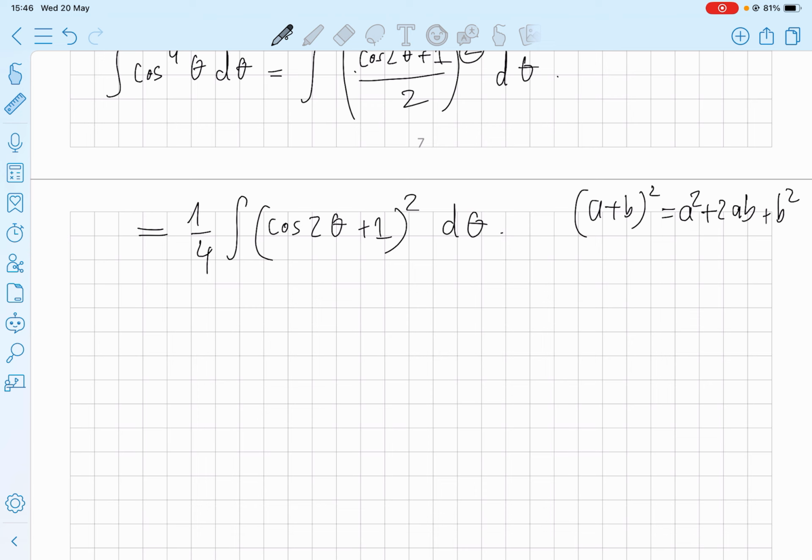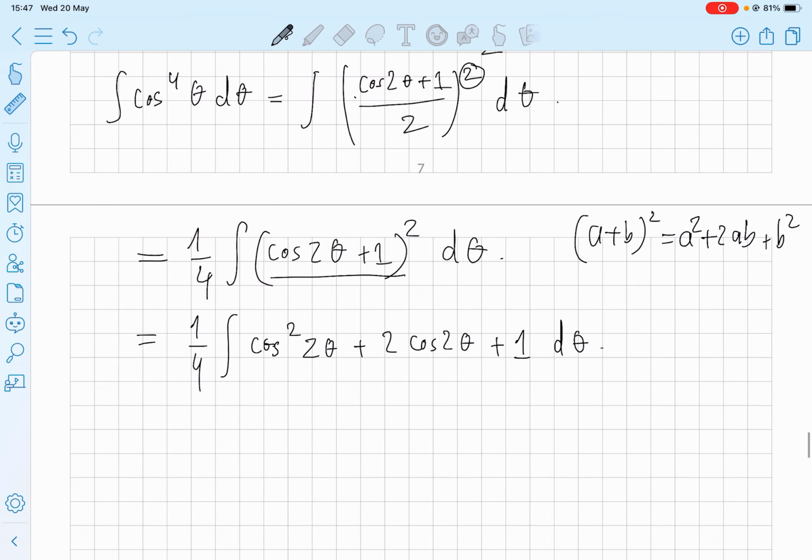It's from high school algebra. So I will use it and break this down. It will be 1/4 integral of cosine square of 2 theta plus 2 cosine of 2 theta plus 1 d theta.